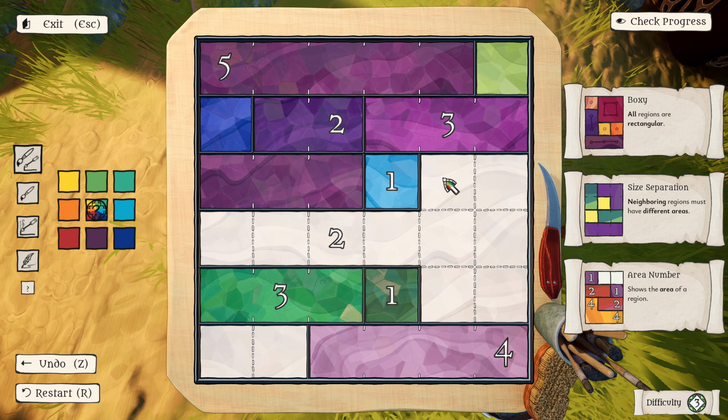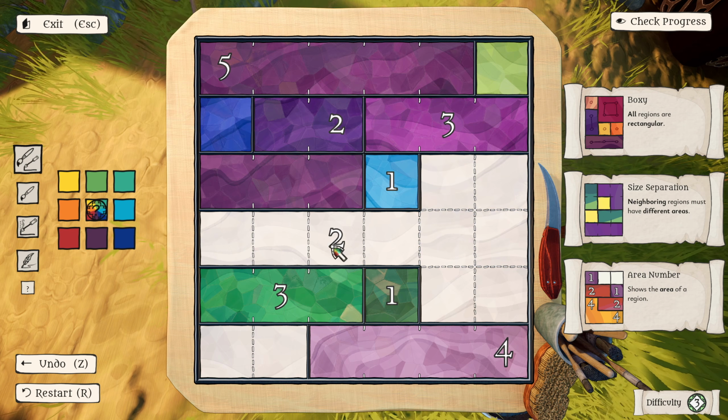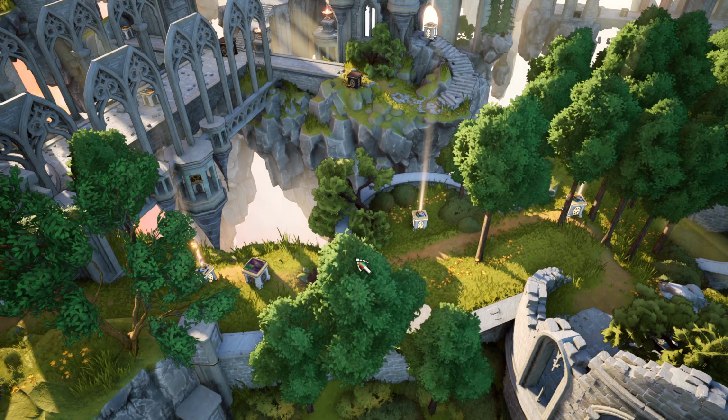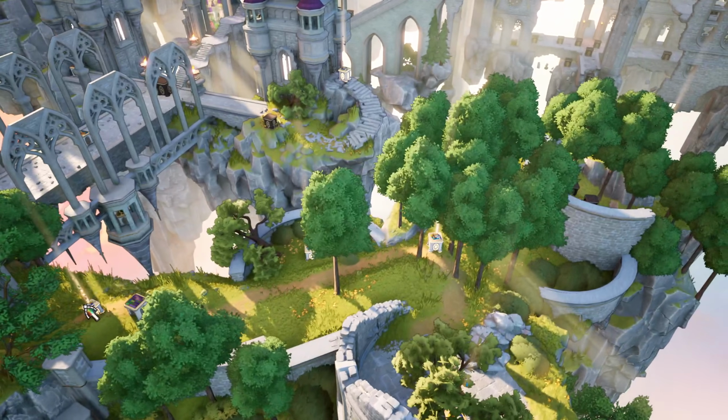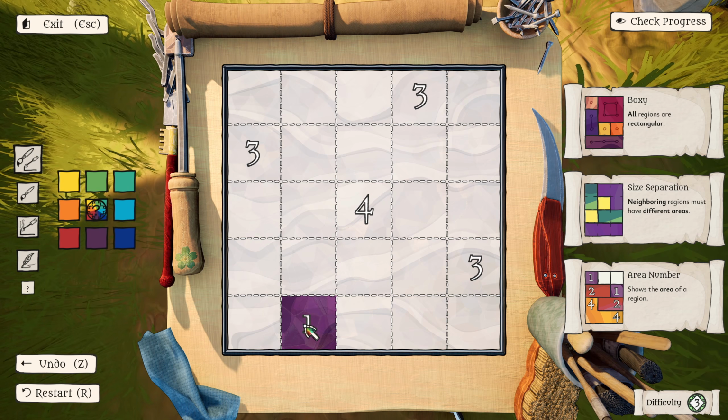Then this can go... How do we do this? 2, 3, 2, 2, 1, 2. There you go. Missed you hiding over there. Boxy, neighboring different sizes, area numbers. Start with the 1.